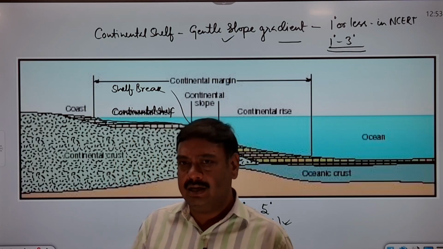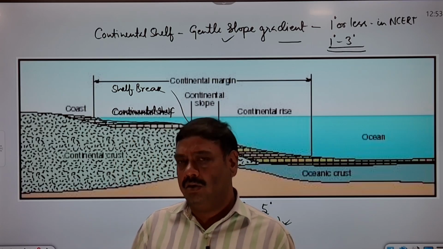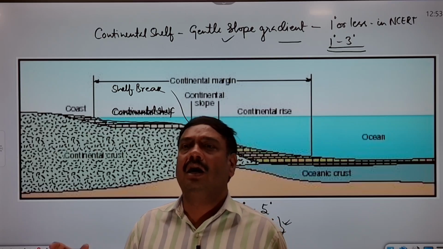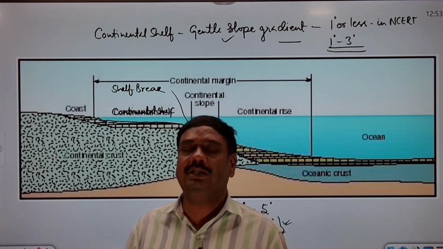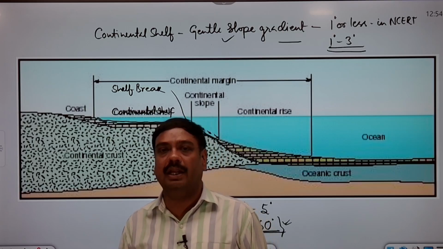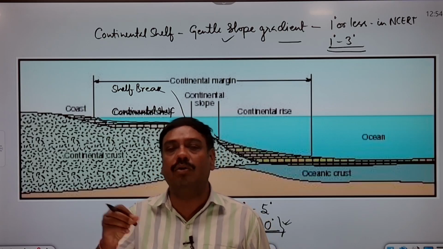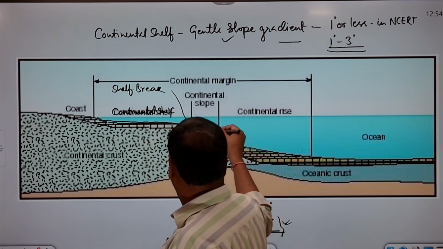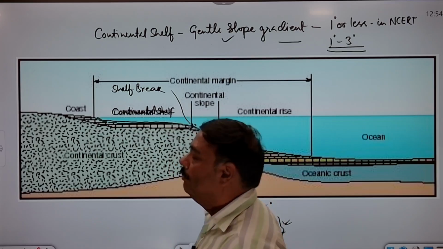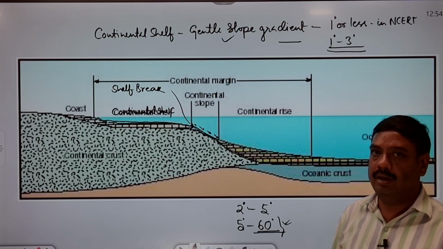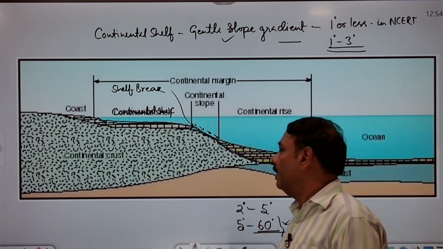Because these sediments are deposited there, and since the width of the continental shelf is more, there is a very remote chance that such sediments can reach the continental slope region. If some sediments somehow reach there, they just move towards the bottom of the continental slope. Got it?